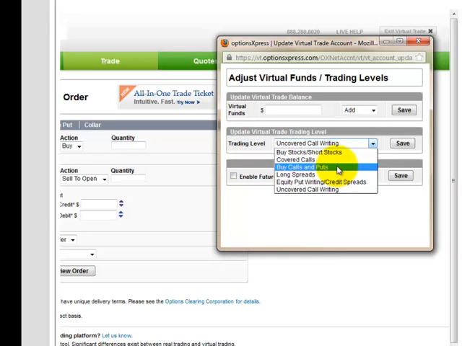So if we want to speculate and buy a call or a put option in the expectation that it's going to go up, then we can go to level 3. And like I said, if we bought a put option, we would expect the market was going to drop, or the share that we'd bought the put over was going to drop.